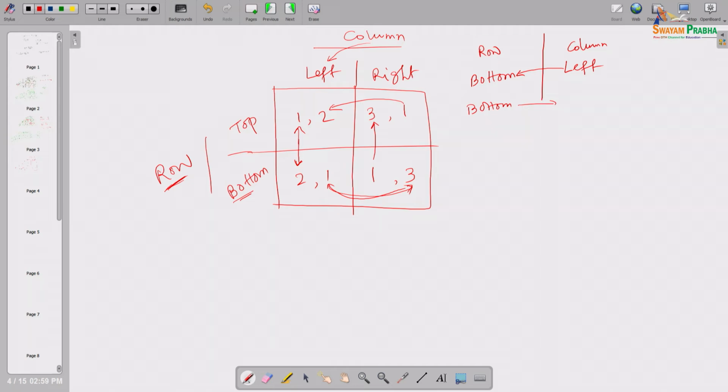Given bottom for Row, right is the best for Column.